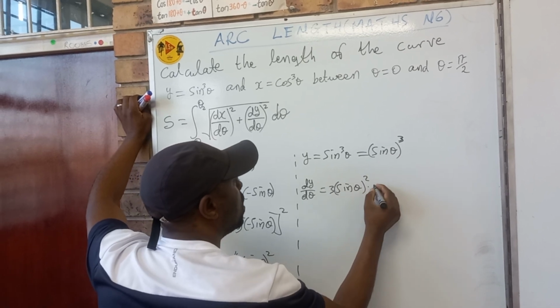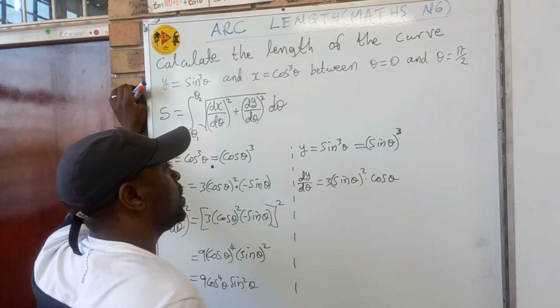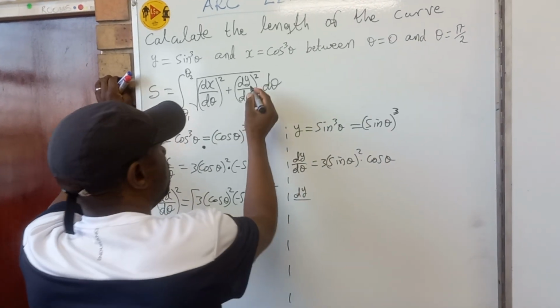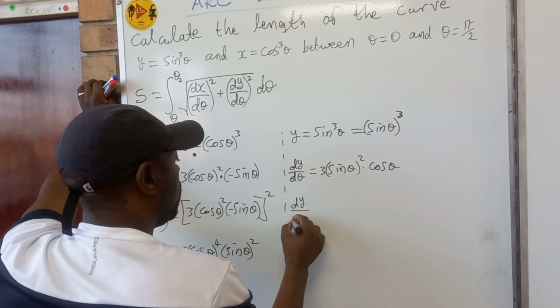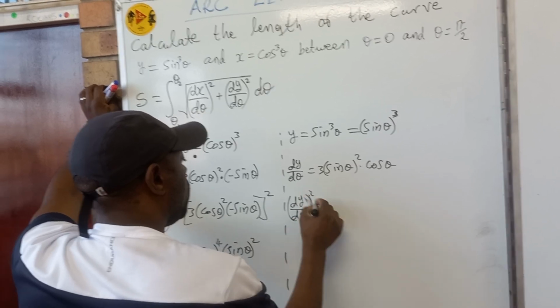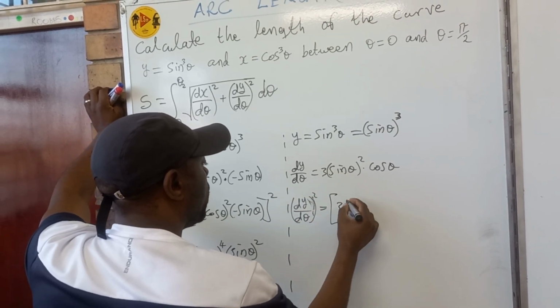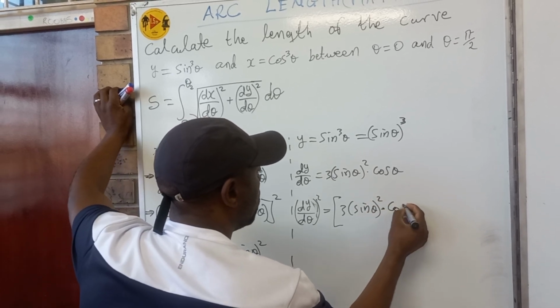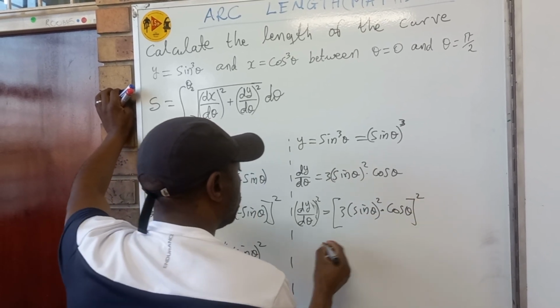Then the inner one gives you cos theta. Once you differentiate sine, you do your squaring as the formula requires. For dy over d theta all squared, I'm squaring 3 sine squared theta multiplied by cos theta. That's what I'm squaring.